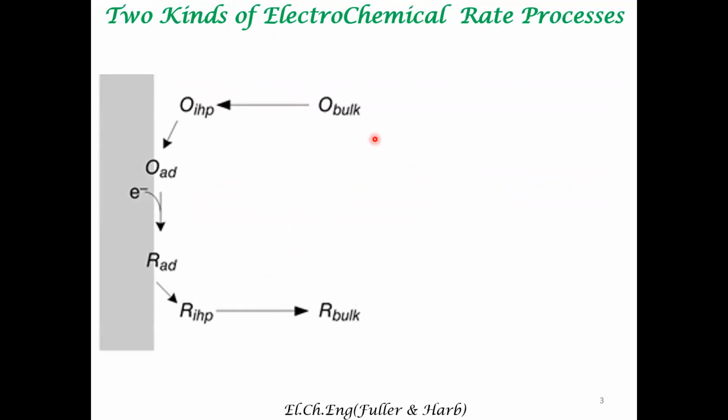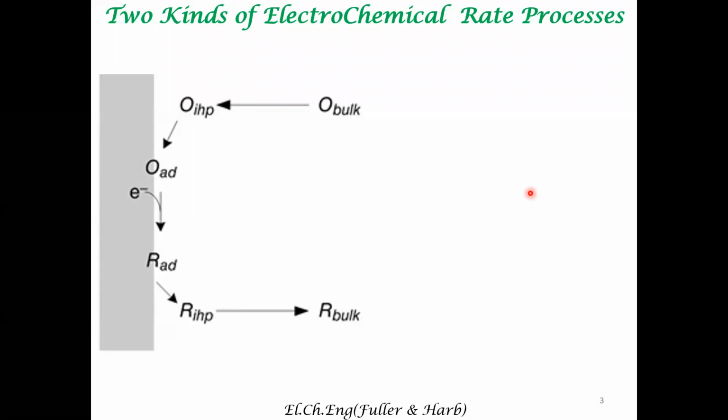So, as I said, there are two kinds of rate processes. There are some species in the bulk. They're transported to near the electrode, and there is a charge transfer. This we addressed in the last few lectures. And then a reduced species gets formed, which gets transported to the bulk again.